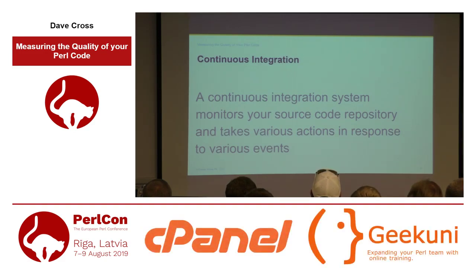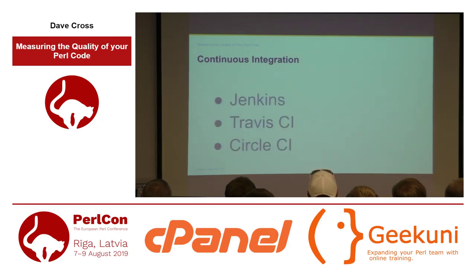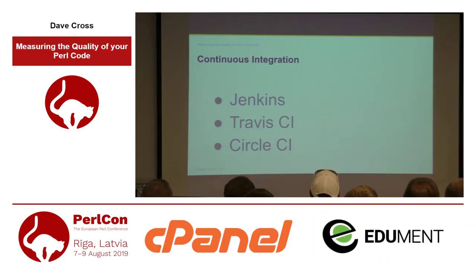A continuous integration system monitors your source code repository and takes various actions in response to various events, which is very vague, but that's because they're flexible. Continuous integration environments that you might have heard of: Jenkins, Travis CI, Circle CI. There are obviously others. I got an email from GitHub this very morning promoting GitHub Actions, which is a similar kind of thing.